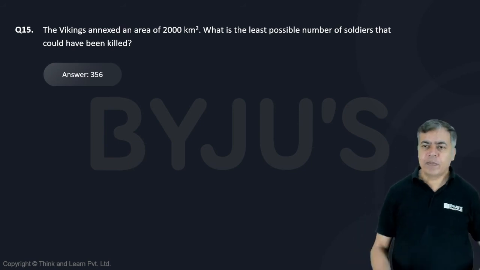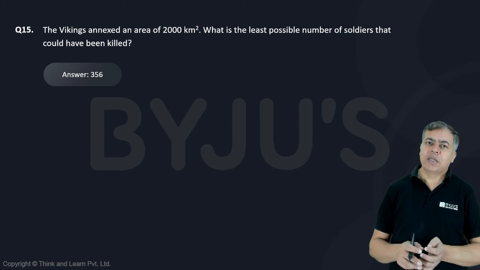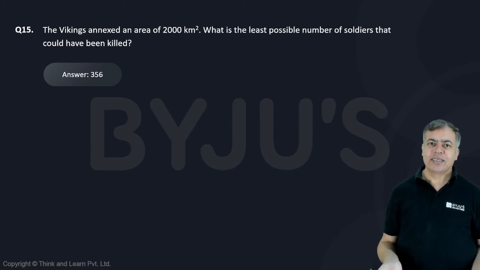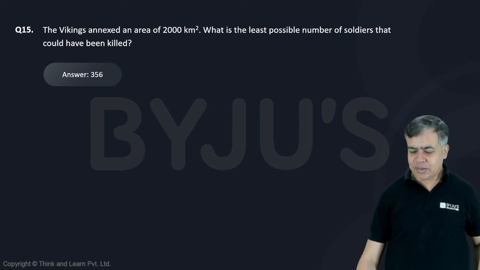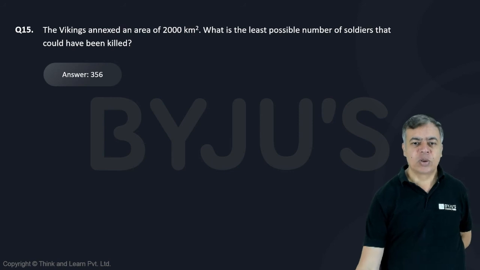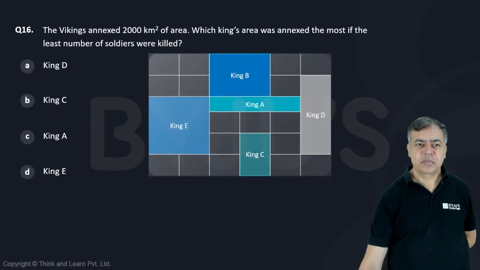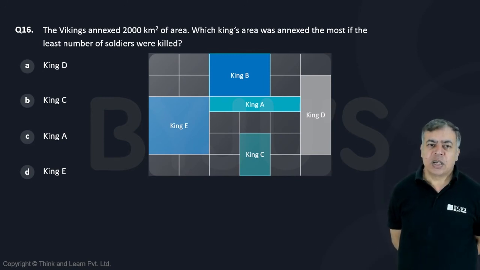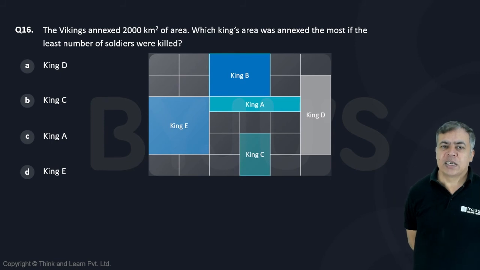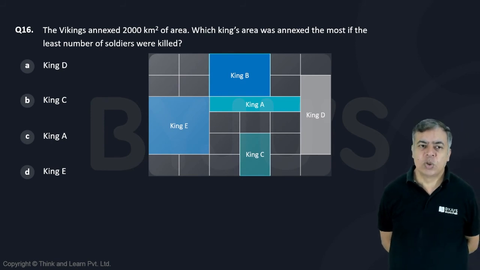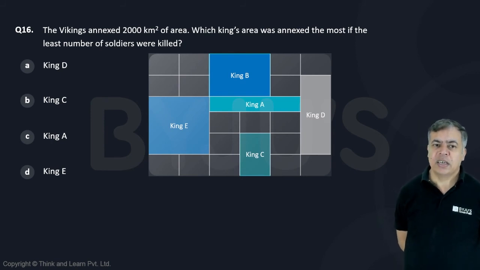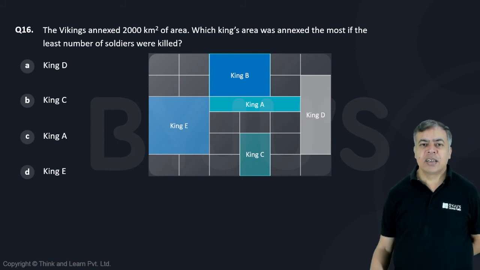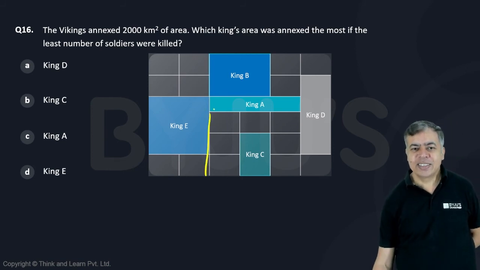Right, I hope by doing this question you must have got the idea what is happening. Right, and this becomes very, very simple now. You can answer all the questions. See this question now. The Vikings annexed 2000 kilometer square of area. Which king's area was annexed the most if the least number of soldiers were killed? I think I will definitely take this.